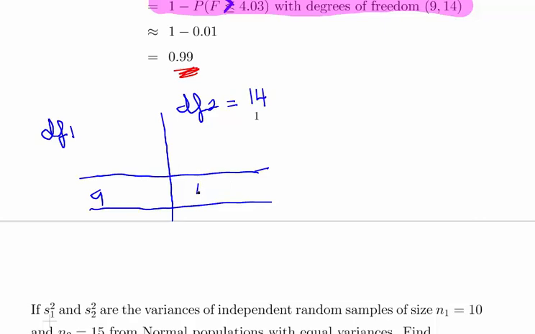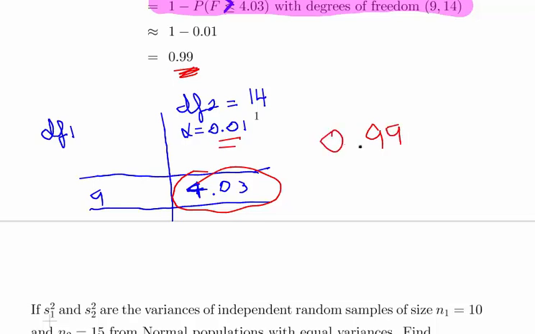You'd get 0.01 as your alpha value and 4.03 in the cell in the tables. That's why it's a trickier approach; getting the hang of the tables requires a good bit of practice. You see 4.03 and think, that corresponds to an alpha of 0.01, which means my answer is 0.99.